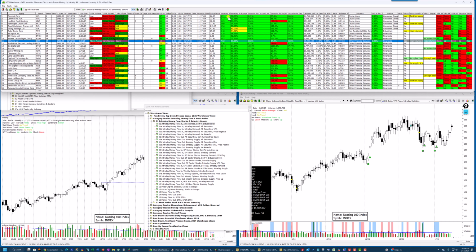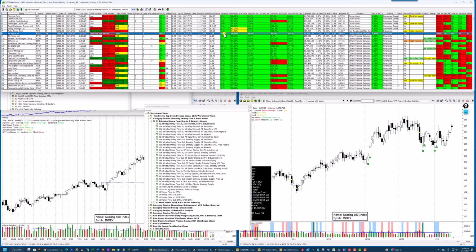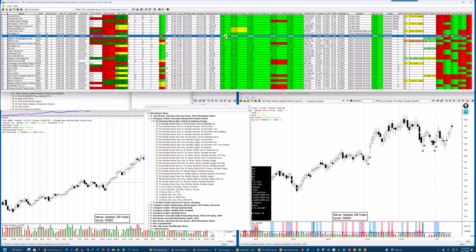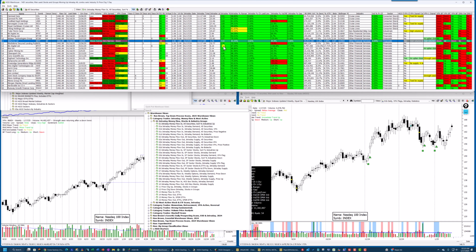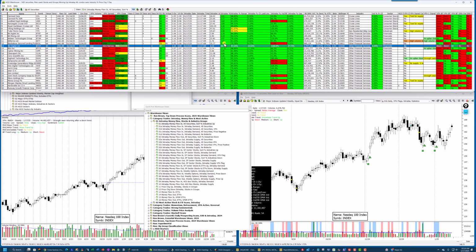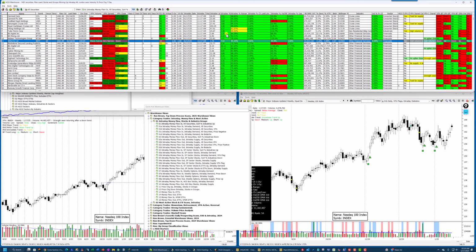Also, look at the intraday price change on some of these. Bitcoin's currently up 4.56%, and you can see these percentages on some of these stocks are somewhere in that range. So that's the second group.